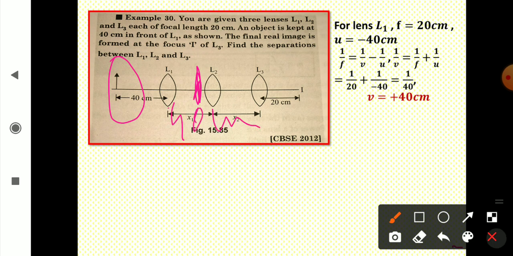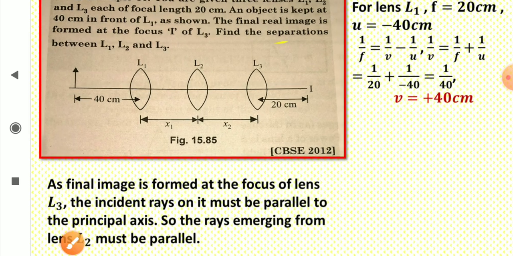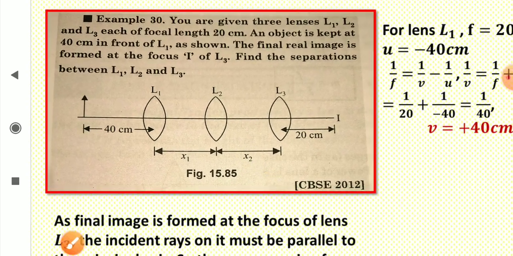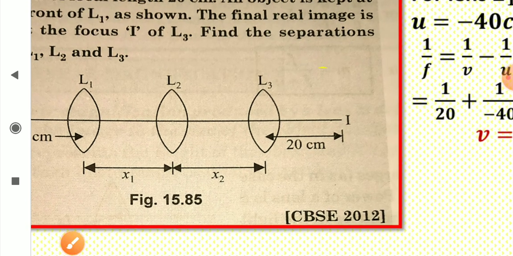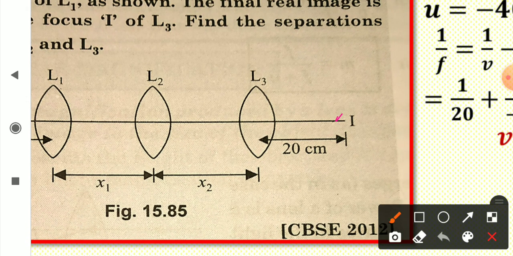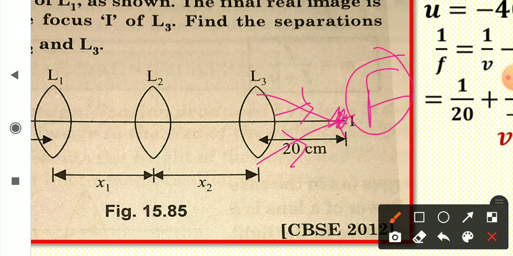Now, there is a very important piece of information here, that the final image is formed at the focus of L3. If you remember the definition of focus, the image is formed at focus only and only when the incident rays on the lens are parallel rays.